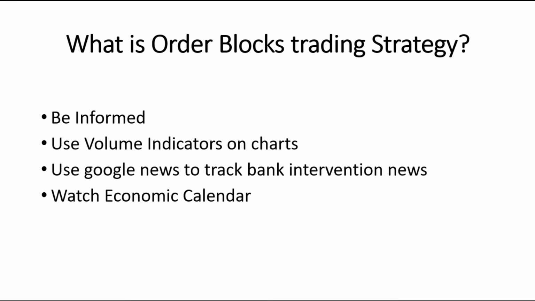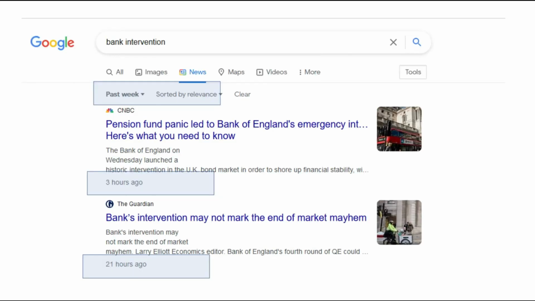Like I said, you can use Google News to track bank intervention news, and you can watch the economic calendar. When I talk about news, you can go, for example, on Google and just type bank intervention. I would do that and put past week, and you will see 3 hours ago, pension fund panic lands on Bank of England emergency, and so on. Then you have bank intervention may not mark the end of market turmoil, and so on.